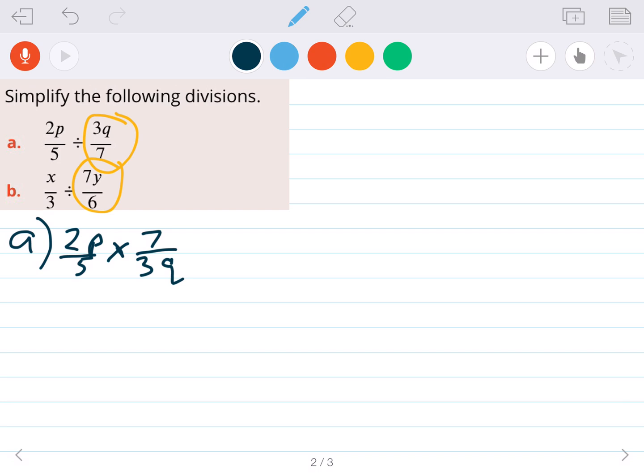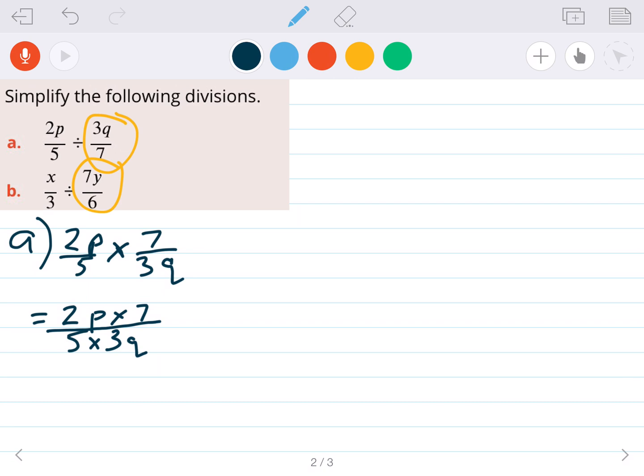So when we're multiplying algebraic fractions, we just multiply the top by each other, multiply the bottom by each other. So all we do here is this is then equal to 2p times 7 all over 5 times 3q.